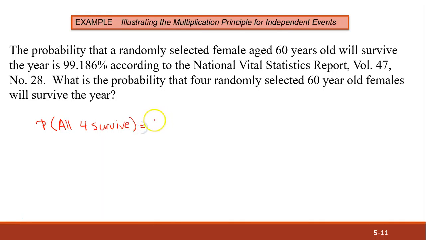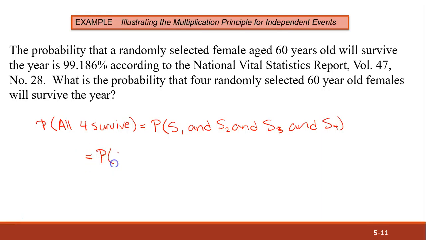is equal to the probability of the survival of the first and second and third, number 3 there, and the fourth, which breaks down to the multiplication rule here.